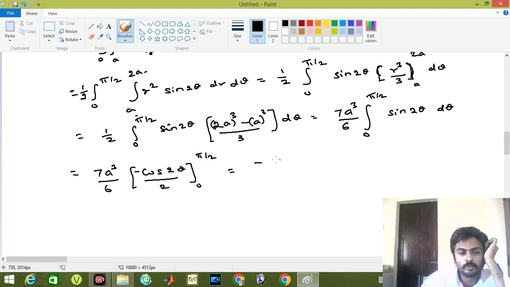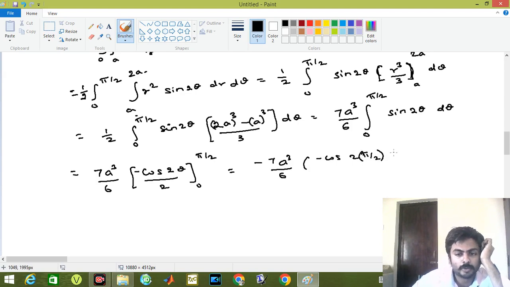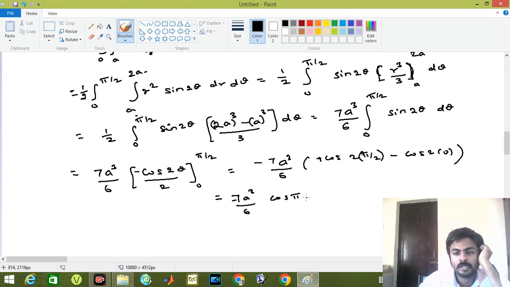That is equal to minus 7a cube by 6 into cos 2 pi by 2, minus the lower limit. We have already taken minus outside, so this is plus, then minus cos of 2 into 0, that is equal to minus 7a cube by 6 into cos pi minus cos 0.